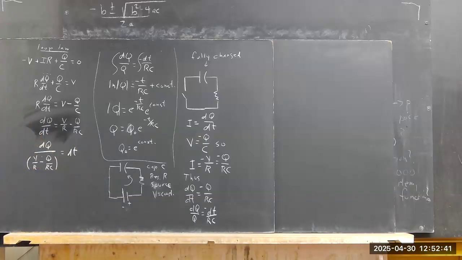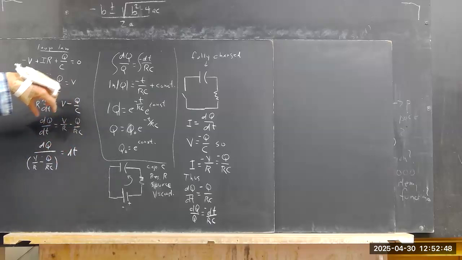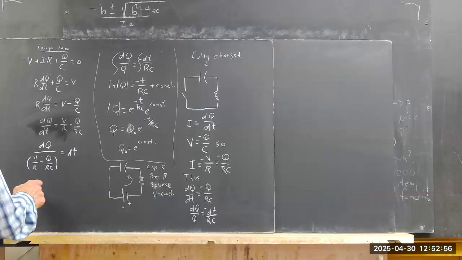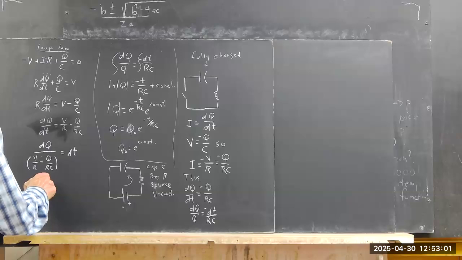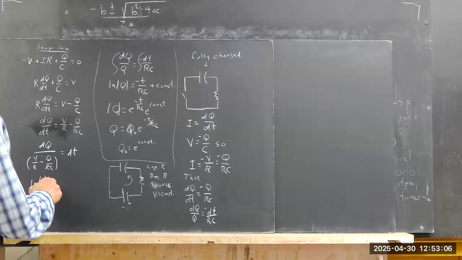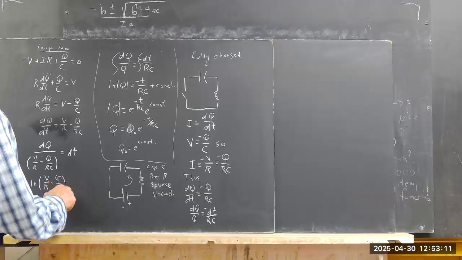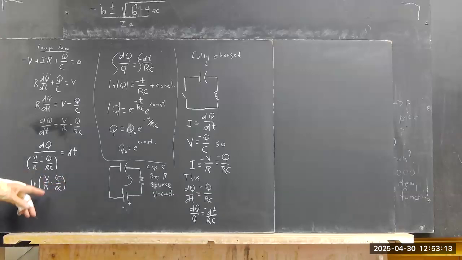Here's the separable equation separated. We multiply by dt essentially, or just dt goes over here, and it's not really a multiplication, and then we divide by the coefficient, and we get this. This tells us the integral is a natural log of V over R minus Q over RC.